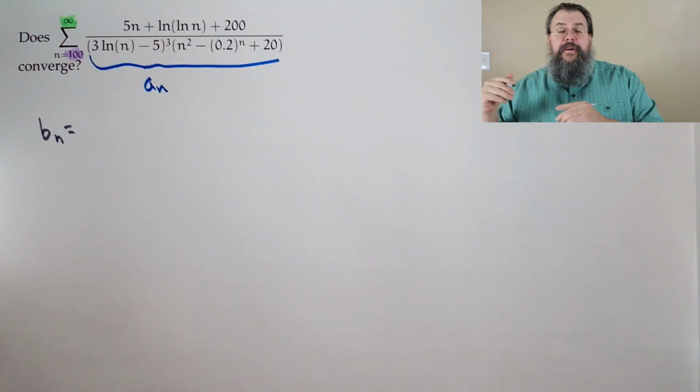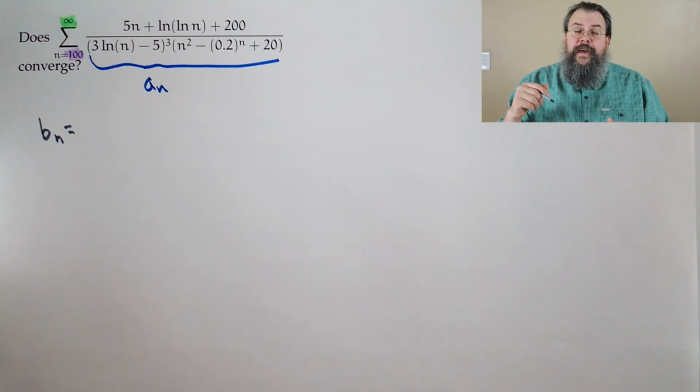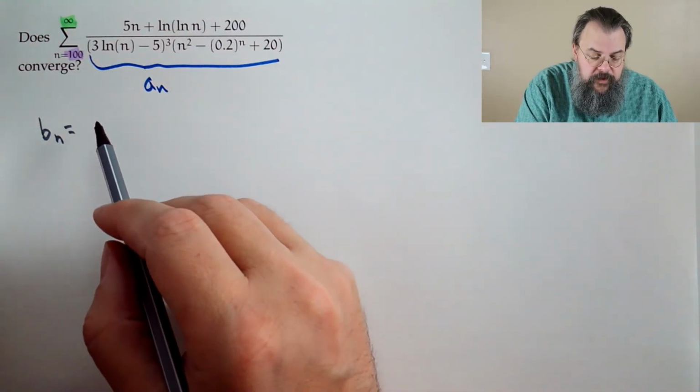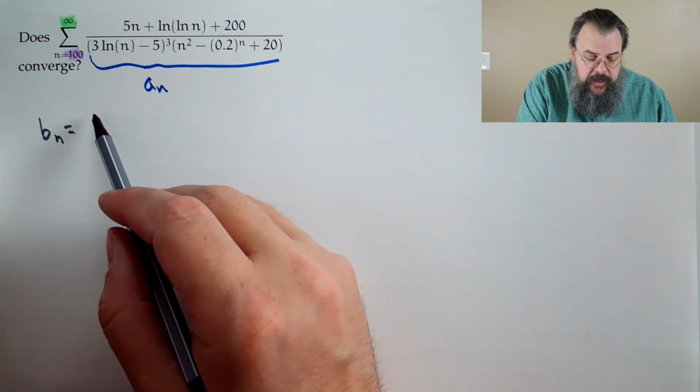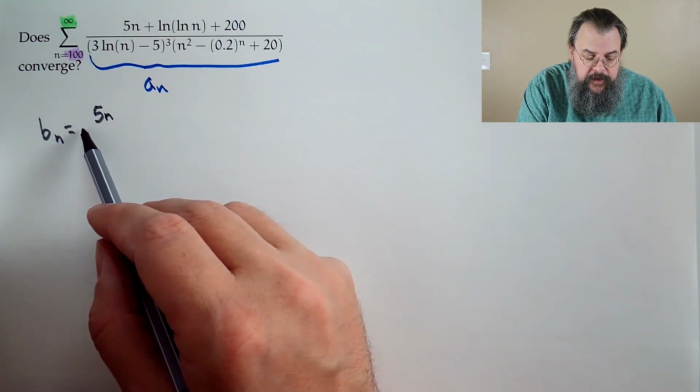And when we say which one's bigger, as we head off to infinity, well, the answer is 5n. That's the dominant term. All the other terms are lower order. So we can say, all right, look, this numerator, we can think of as 5n.